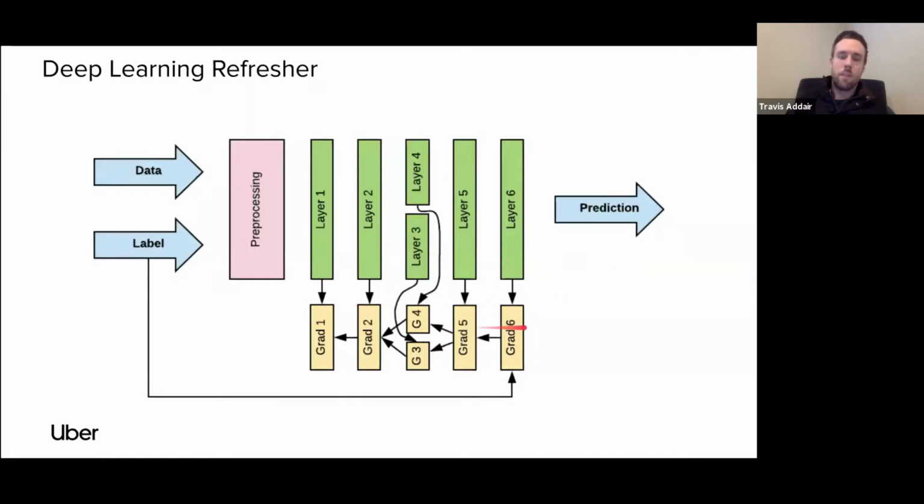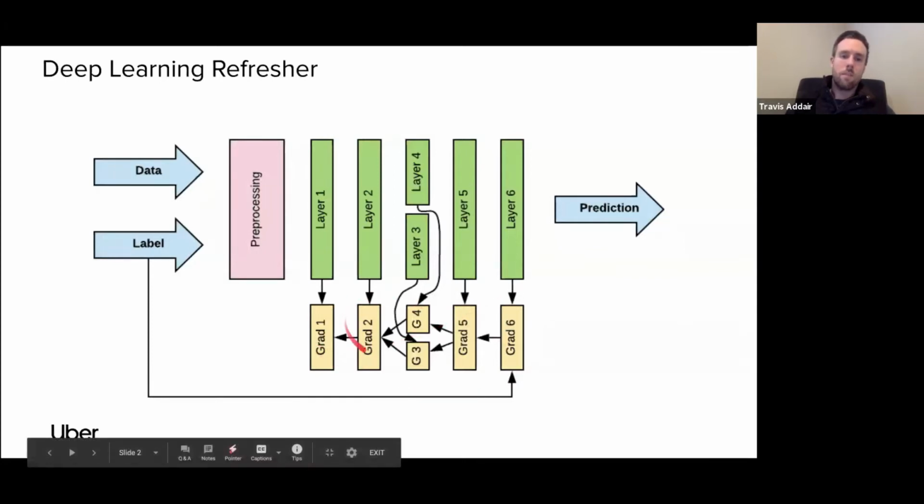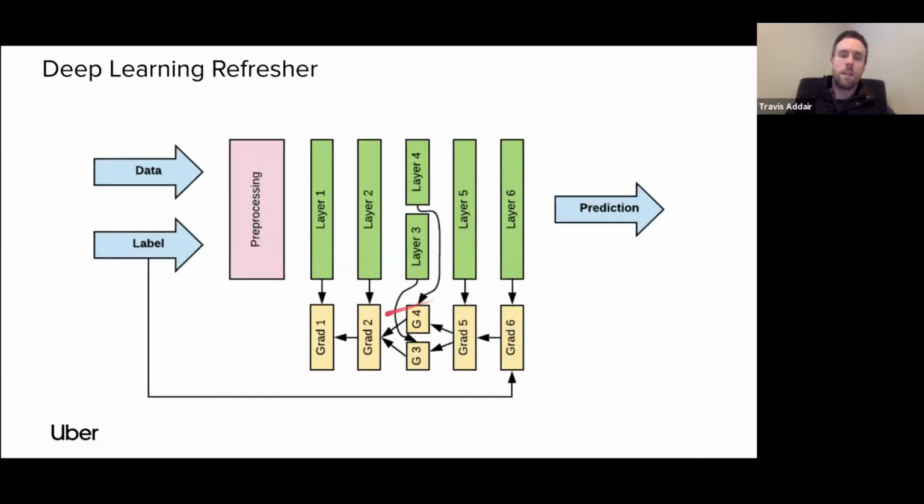Based on that, we have an update step, backpropagation, where we use the error to adjust the weights of the model. But the first thing you'll notice in this diagram is that these gradient updates, the layers, are sequential, so it's not a super parallel problem natively.